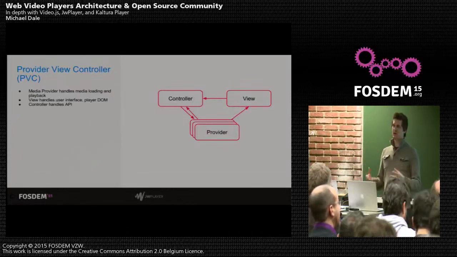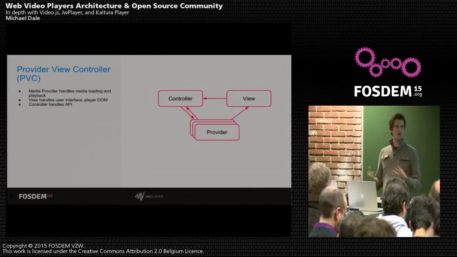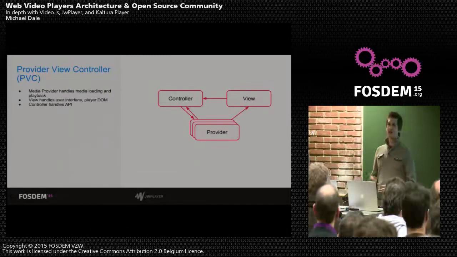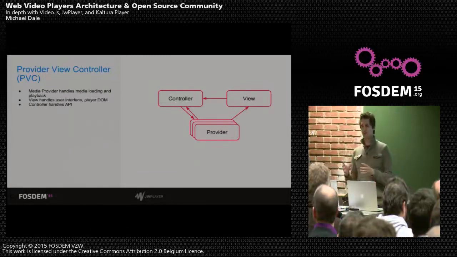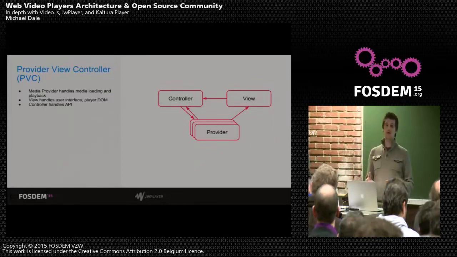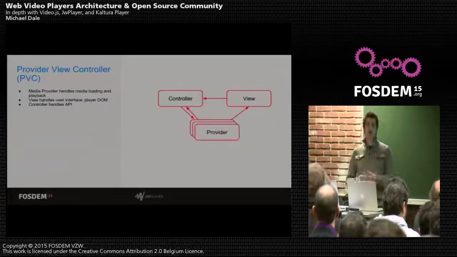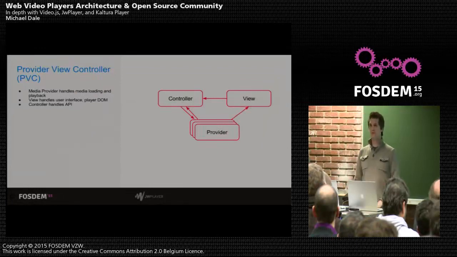So it standardizes a model for consuming media and displaying the events. The provider interface is fairly simple: play, pause, seek, stop, load. Essentially all media requires those basic tenets, so that's what the provider API exposes.